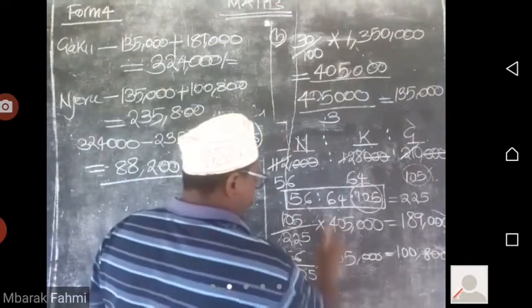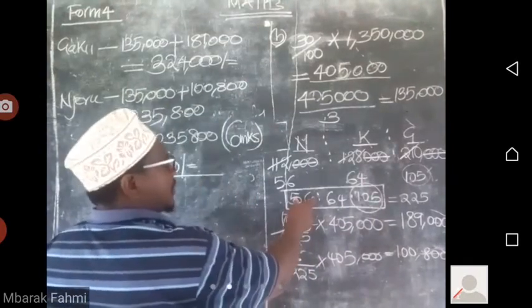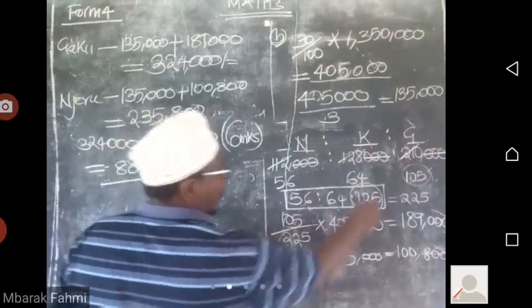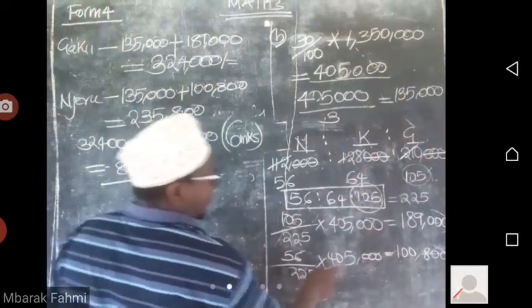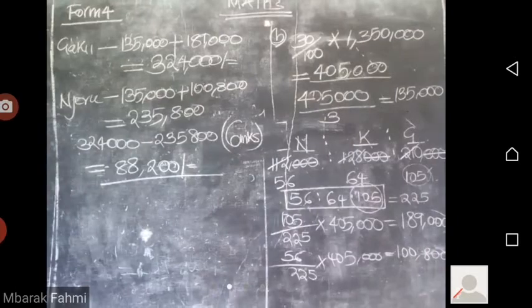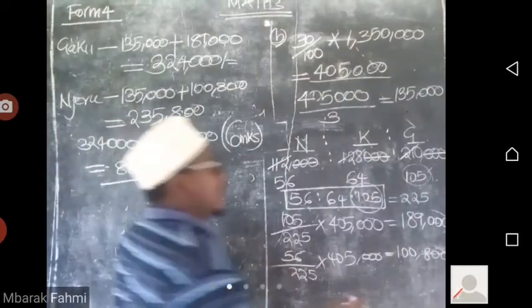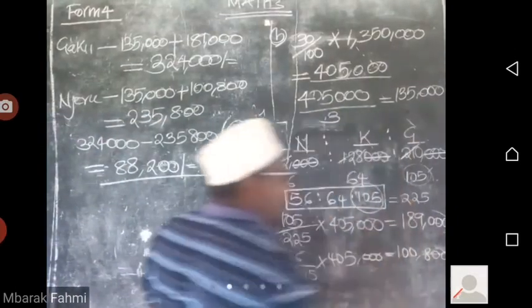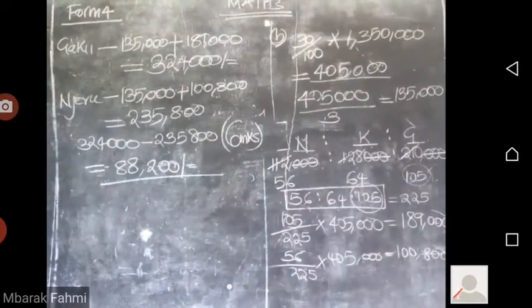For Jero it will be 56 over the total ratio times that amount. So from there you get how much each is going to share in terms of the ratio of their contribution. Okay? Are we communicating now?